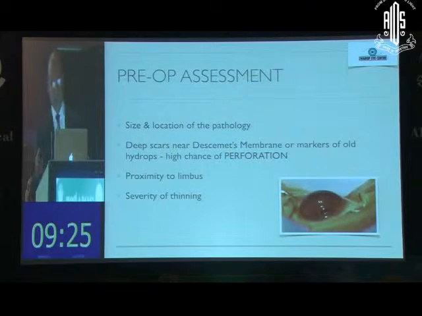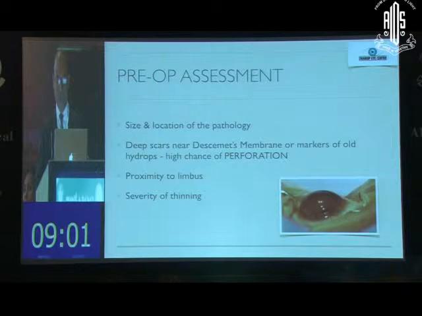Whenever you are assessing such a patient, you want to see the size and location of the pathology. You want to see how deep the scarring is and whether it is touching the Descemet's membrane, because this may indicate that there is some kind of an old hydrops, and in such a case there is a high chance of perforation if you aim to do a descemetic DALC. So it might be a good idea to do a pre-descemetic DALC in such cases.